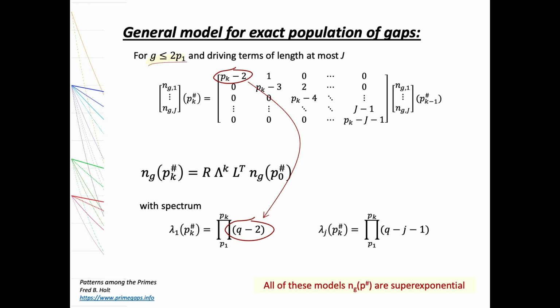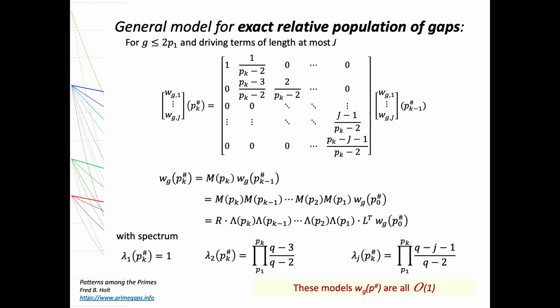These populations are all super exponential, so what we did was normalize and factor out that super exponential growth. We take that factor of prime minus 2 and divide it away. We get the system for the relative populations of gaps, the exact populations relative to each other.